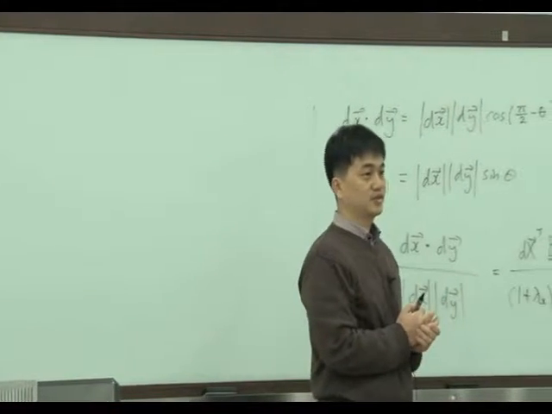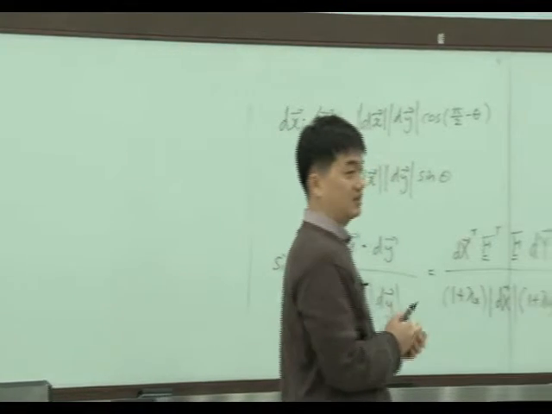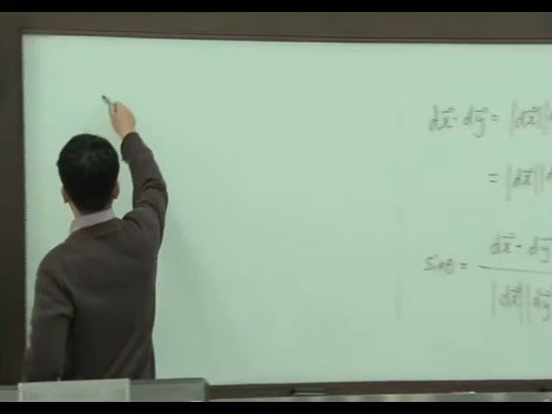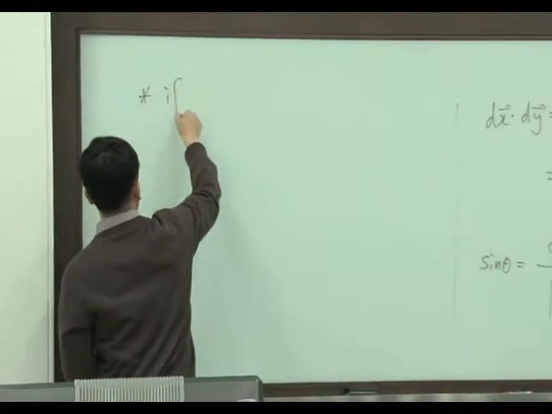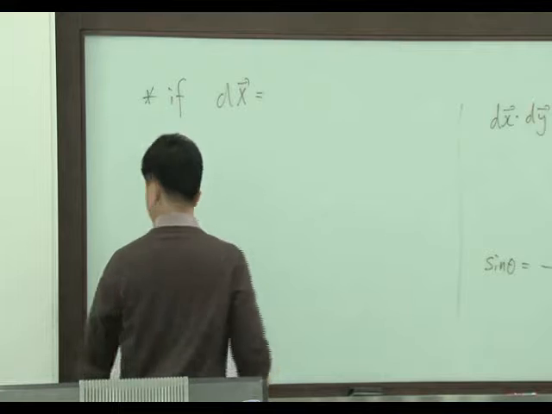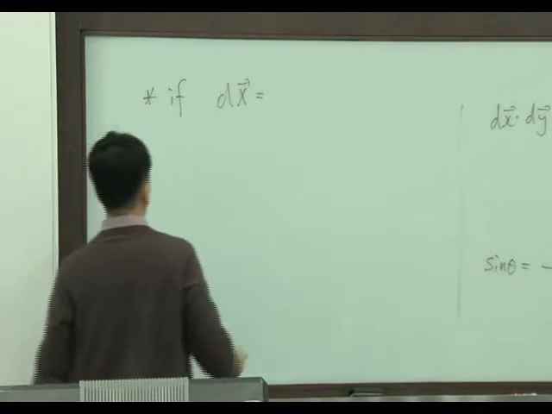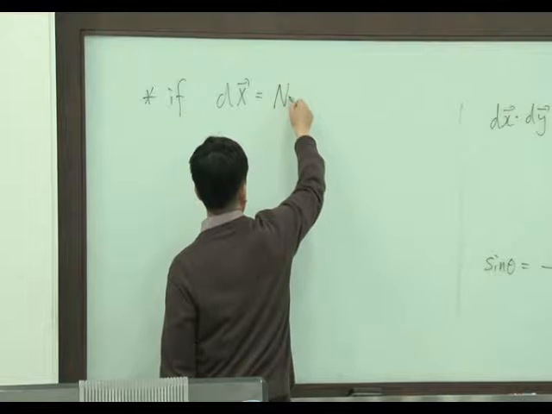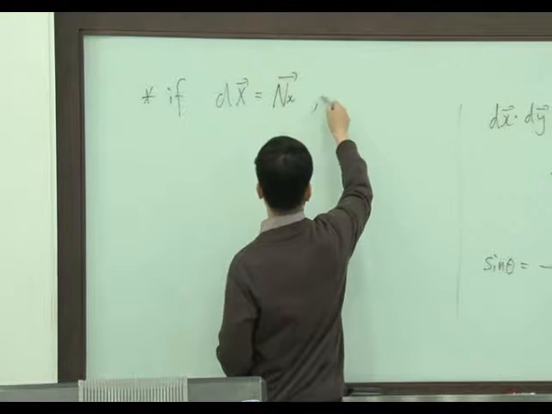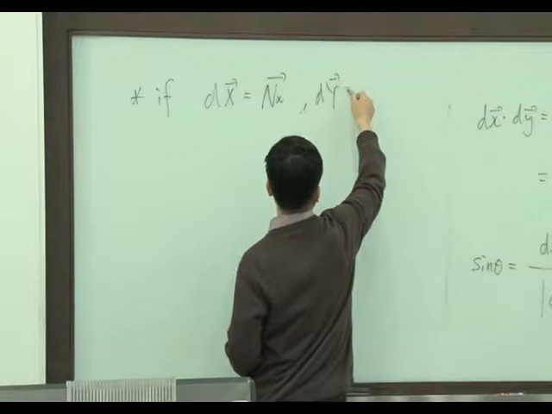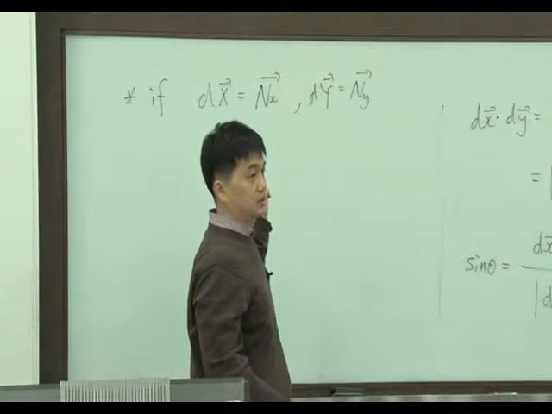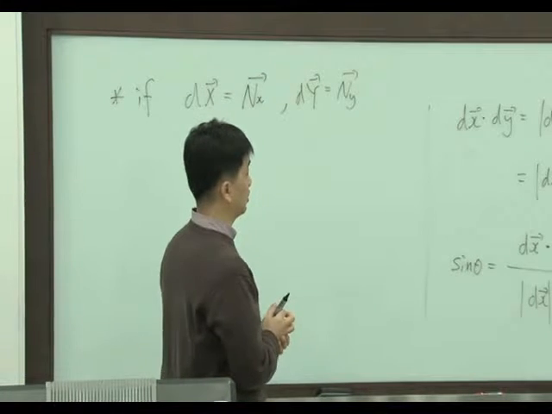The equation looks complicated, but let's try to understand it. If dX equals some vector nX, a unit vector, and dY equals nY, the other unit vector, and we put this into that equation, then what happens?